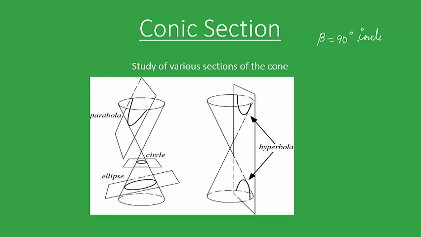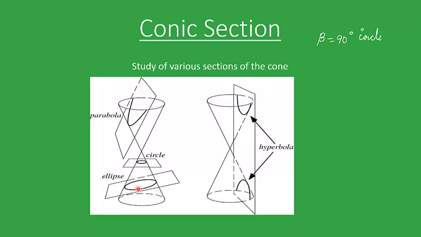Similarly, for the next one, if the angle beta lies between 0 and 90 degrees, it's not parallel to the axis and not perpendicular to the axis either.